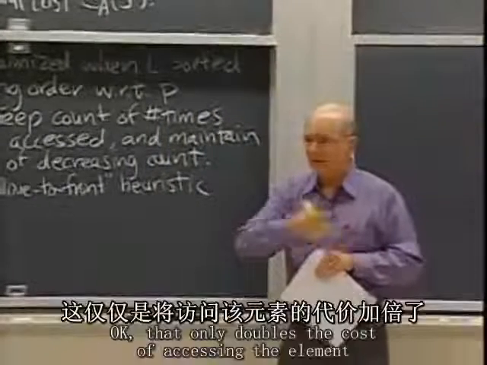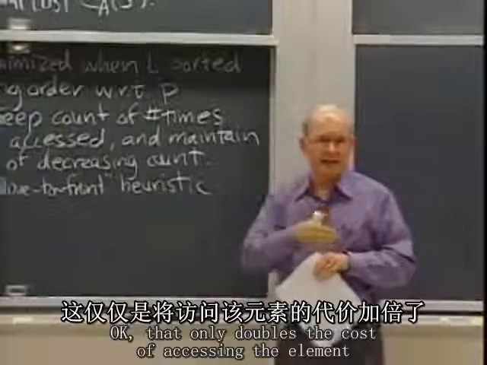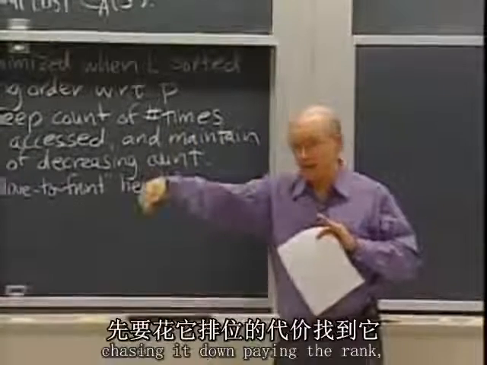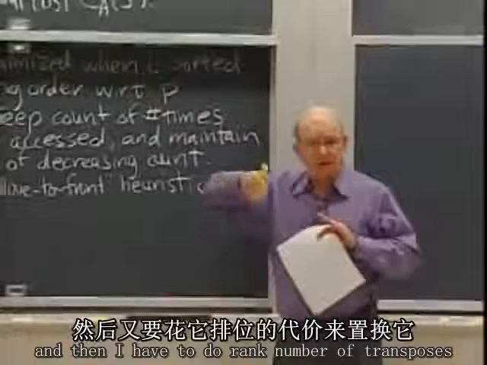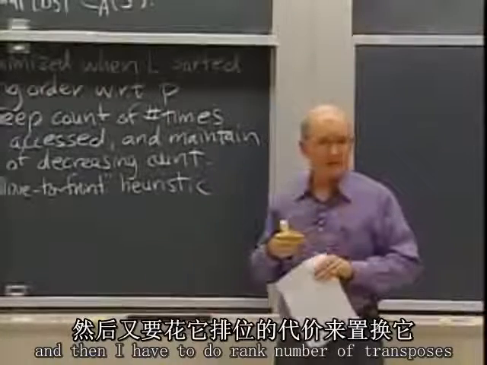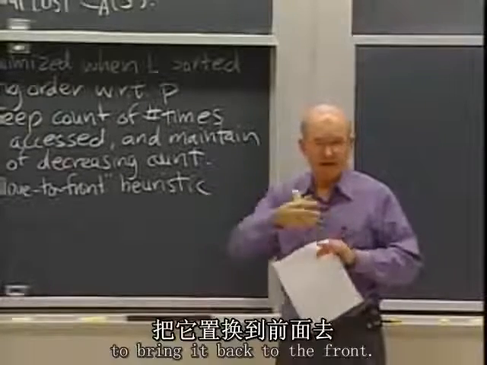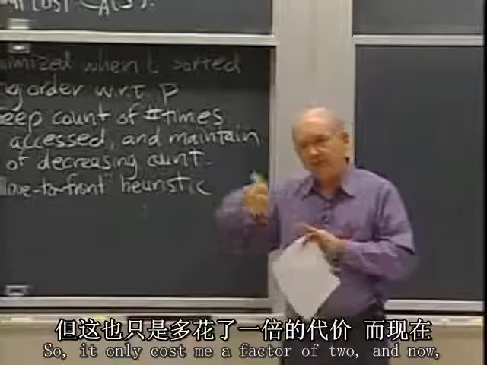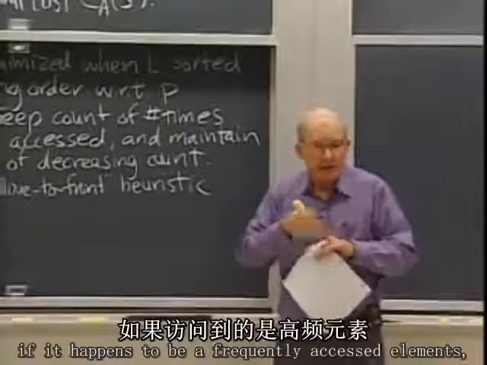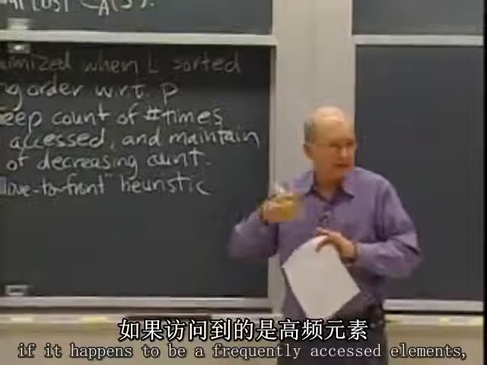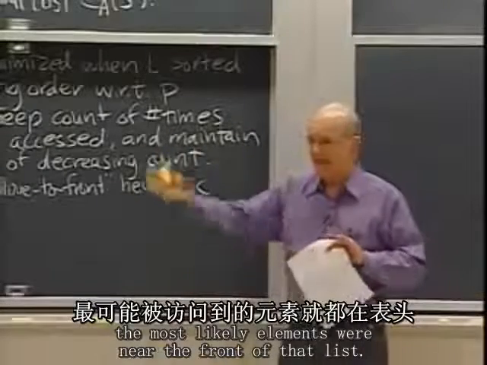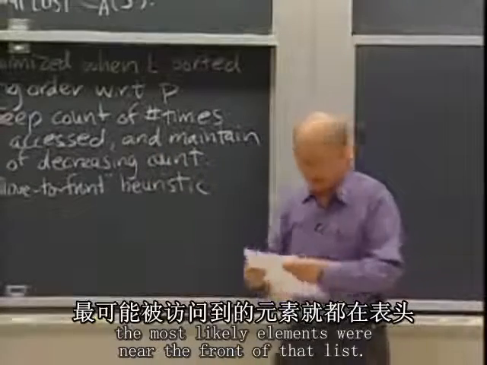That only doubles the cost of accessing the element, because I go and access it, chasing down, paying the rank, and then I have to do rank number of transposes to bring it back to the front. So it only costs me a factor of 2, and now if it happens to be a frequently accessed element, over time you'd hope that the most likely elements were near the front of that list.